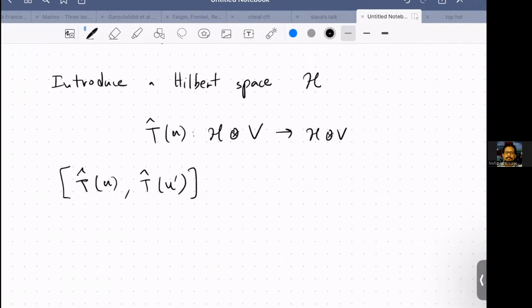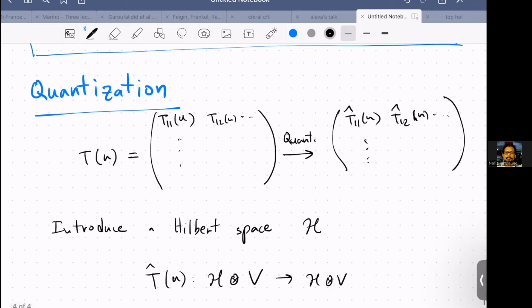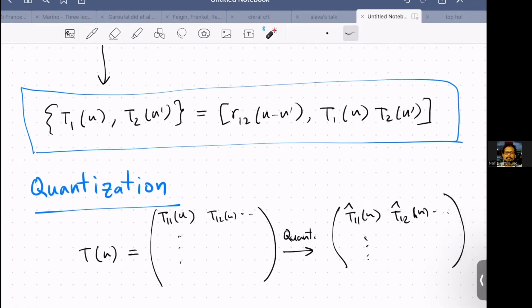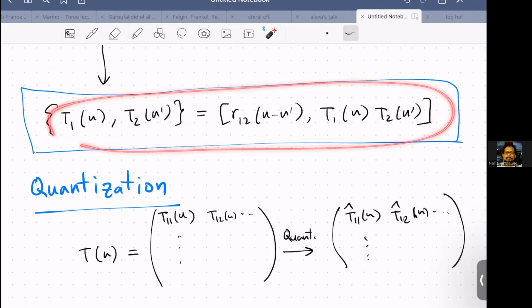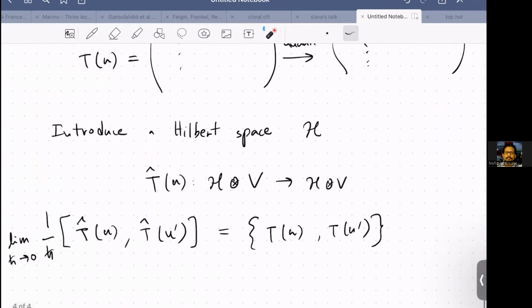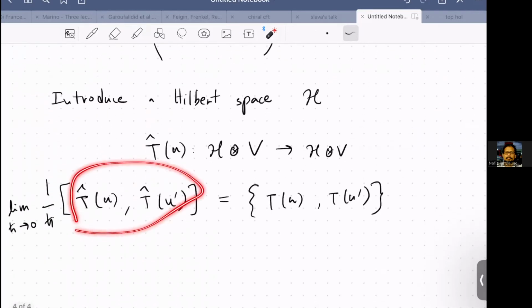And this has to be such that if we divide this by H bar and take H bar to 0, we should find the Poisson bracket, the Poisson bracket being this object. So we know this from whatever classical information we had, and we want to find quantum operators that satisfy this equation, right?